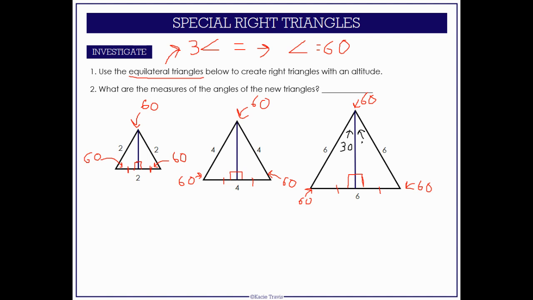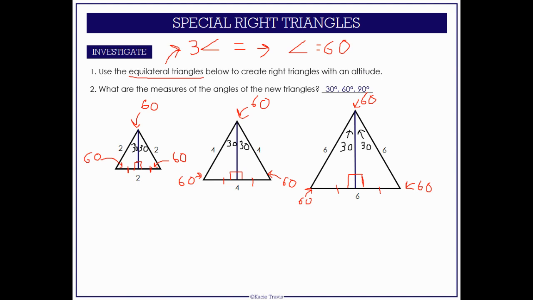So this line in the middle not only cuts the side on the bottom in half, it also cuts this top 60 into two 30-degree angles. That may seem like it was a lot, but it's one thing going into the next. It's okay. So our measurements for this are 30, 60, and 90 degrees.